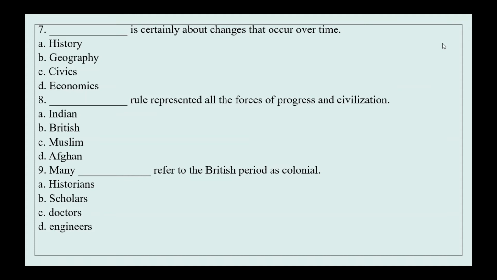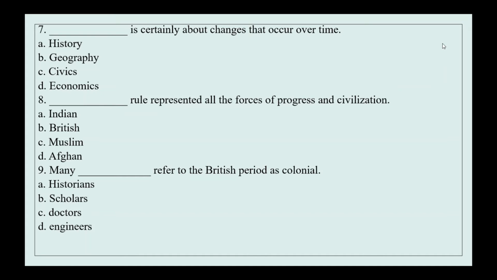Then eighth question. Dash rule represented all the forces of progress and civilization. Which one is the right answer? Option A, Indian. Option B, British. Option C, Muslim. Option D, Afghan. The right answer is option B, British.